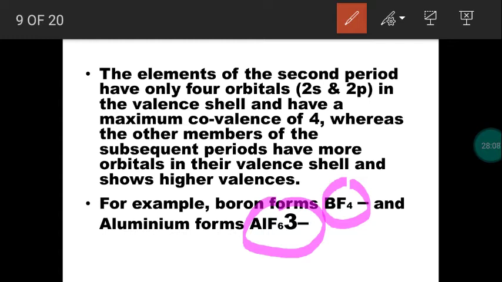So as we discussed already, what is the available orbitals in second period? In second period, available orbital 2s and 2p. 2p means 2px, 2py, 2pz. So in second period, electrons will be in these 4 available orbitals: 2s, 2px, 2py, 2pz. Maximum 8 electrons can be there, right?